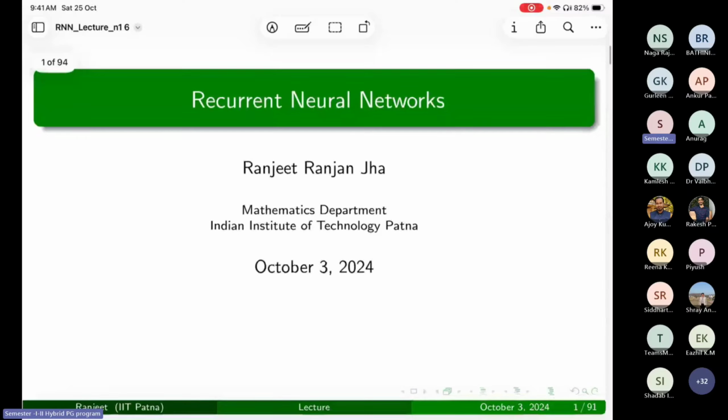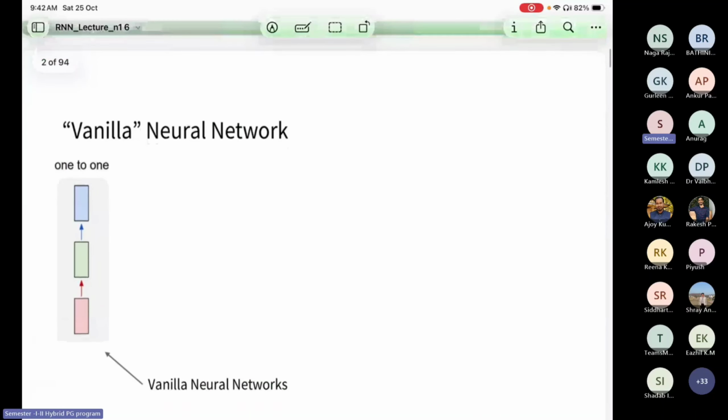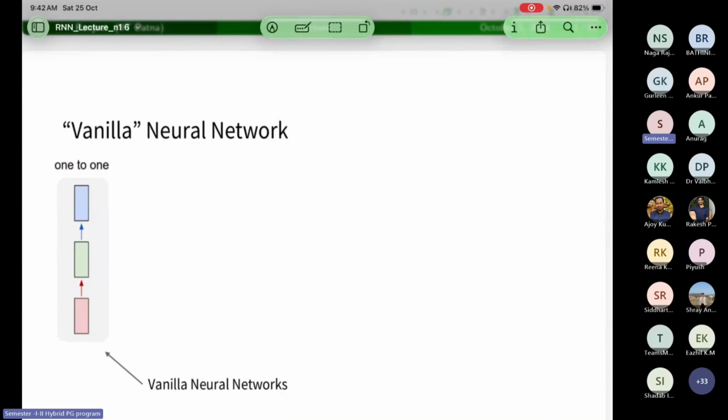So let us dive into the recurrent neural network, which is mainly built for solving problems related to text or which have sequential data. We have seen this type of network before, and this is your vanilla neural network. Even your CNN or fully connected worked in this way.